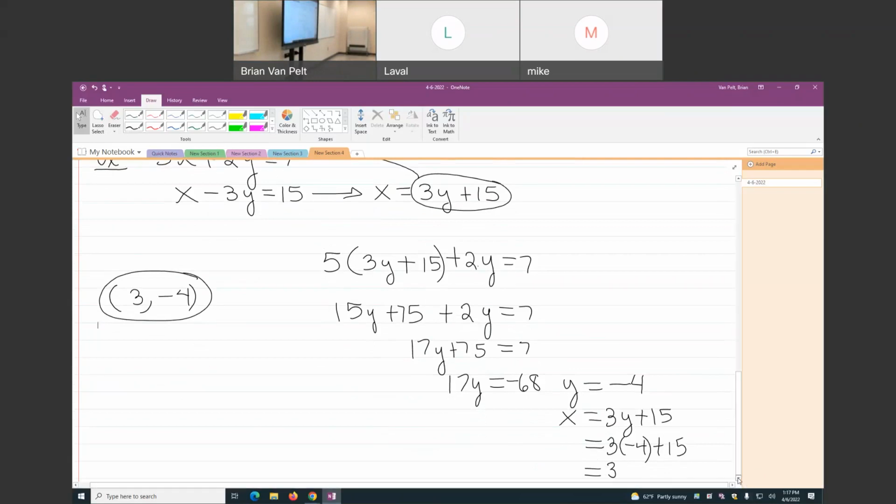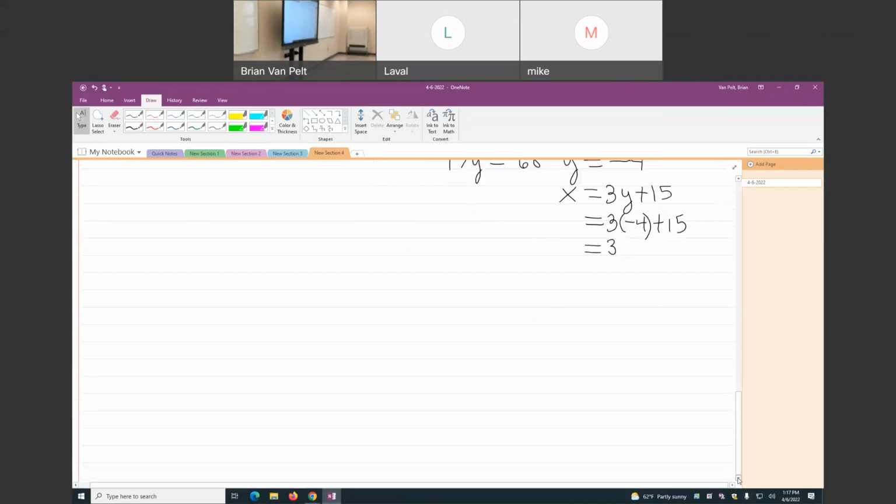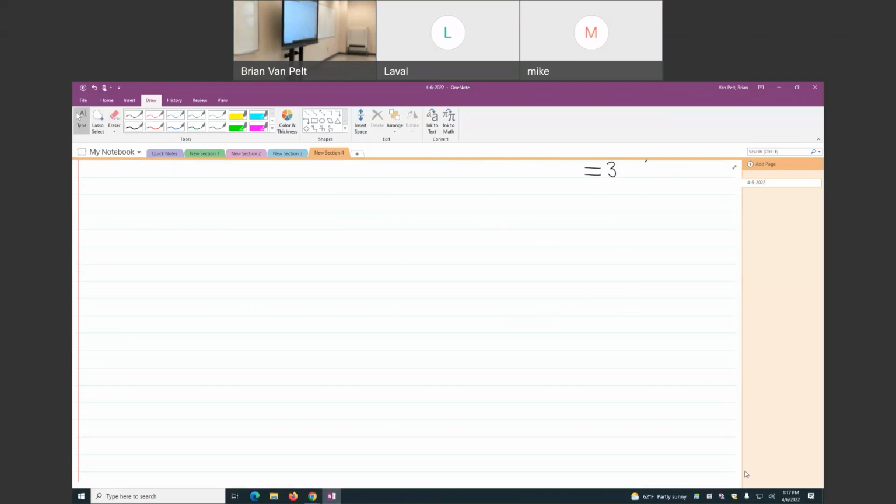Let me rewrite it. 5x plus 2y equals 7. And we'll purposefully do it in the least efficient method possible. 5x plus 2y equals 7. What was the other one? x minus 3y equals 15.